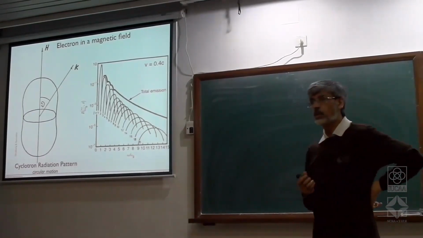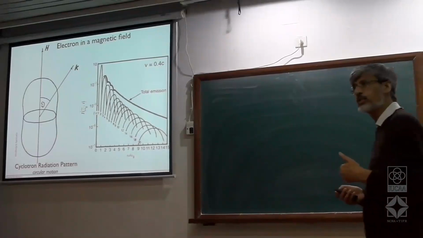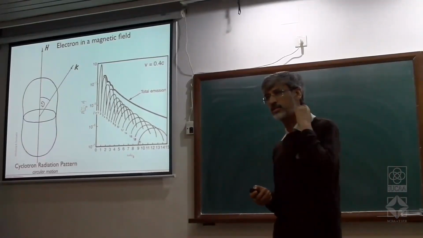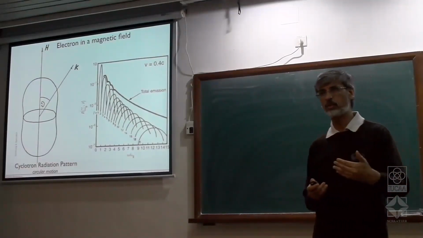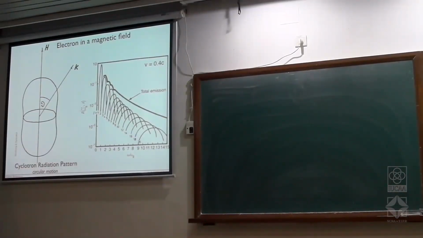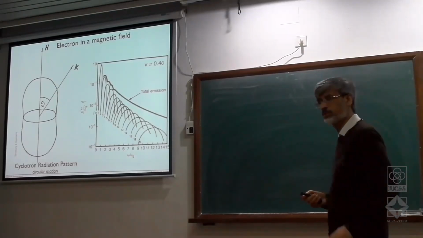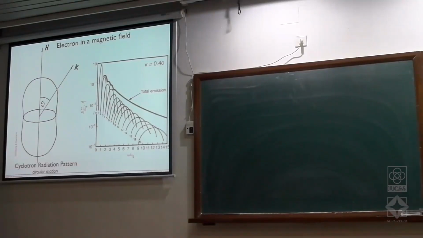But once you take into account that the electron could be not extremely non-relativistic, but has a finite speed, that finite speed will require some special relativistic corrections. And that then distorts the spectrum and produces harmonics of it.